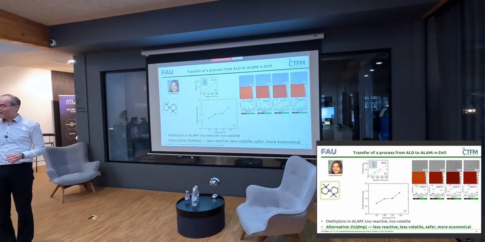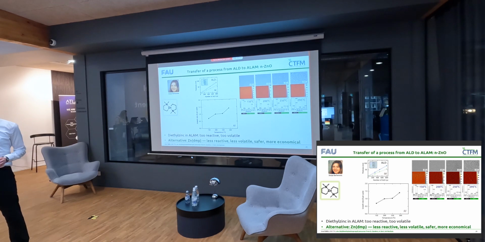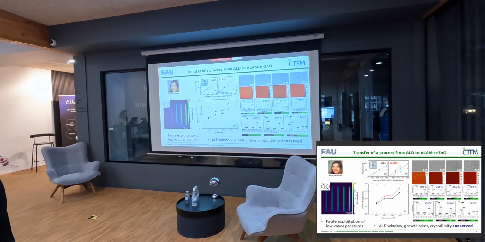Then you transfer that to atomic layer additive manufacturing, and it's completely identical. You get the same growth rate, the same temperature window, the same characteristics. So ALD and ALAM are the same thing at the fundamental level.